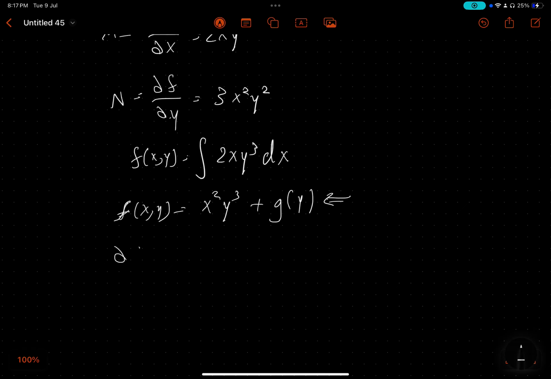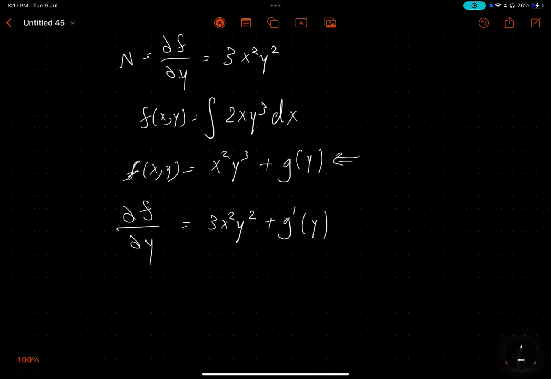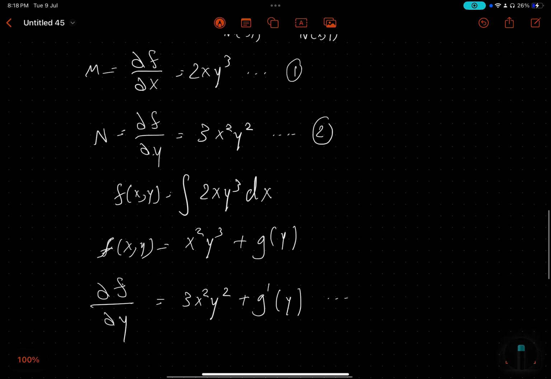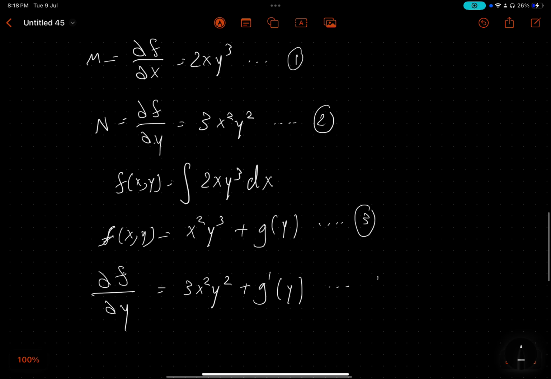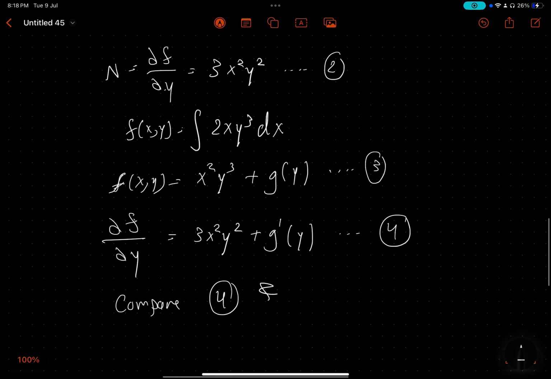We're first going to take the partial derivative with respect to y of this function. This gives us 3x squared y squared plus g prime of y, because this is a function of y, and taking the derivative with respect to y is just the derivative of whatever that function is. Then we compare. Let's call these 1, 2, 3 and 4, and compare 4 and 2.